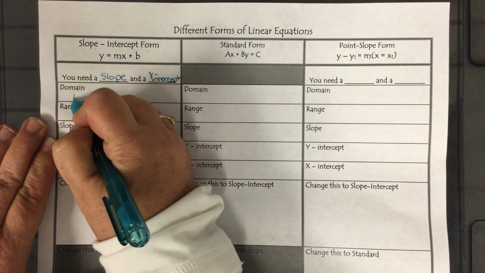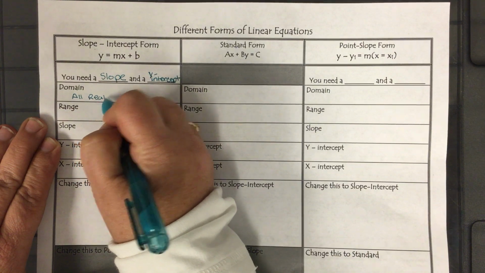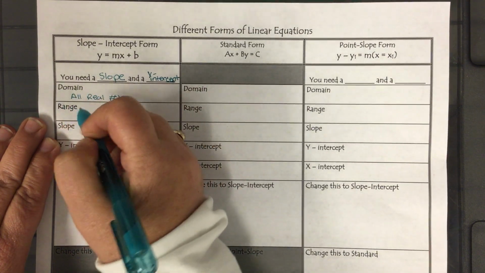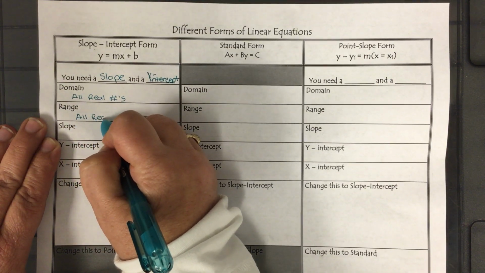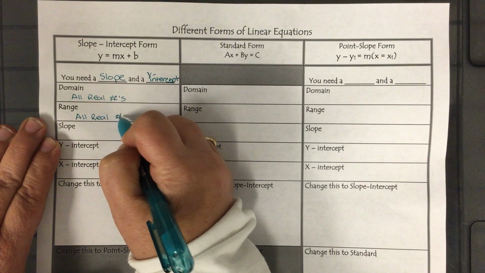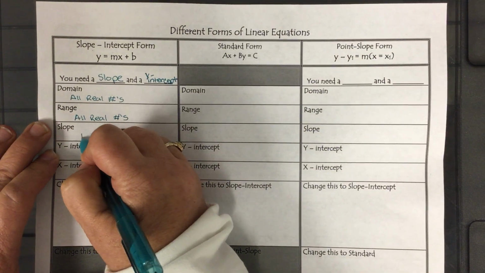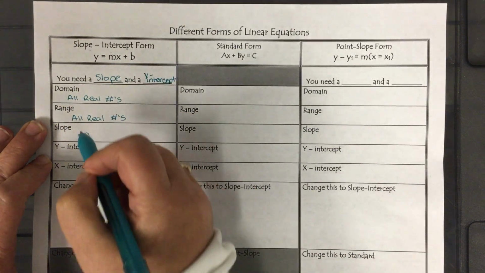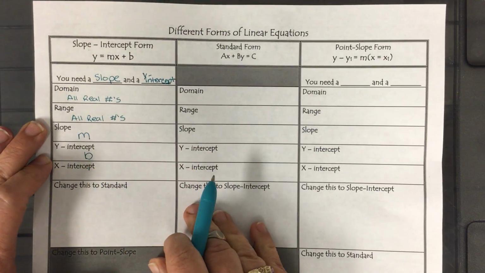The domain is all real numbers. You can just do a number sign. And the range is all real numbers. Your slope is going to be represented as m. See that m right there? And your y-intercept is going to be b.